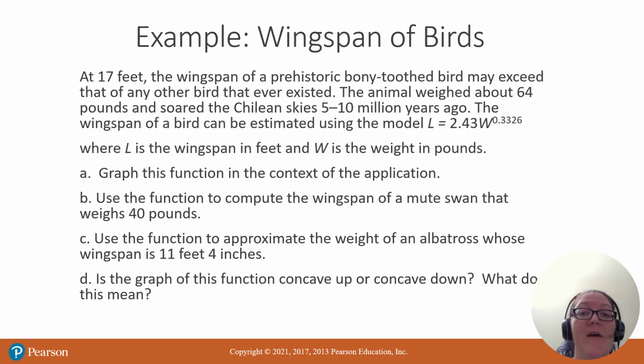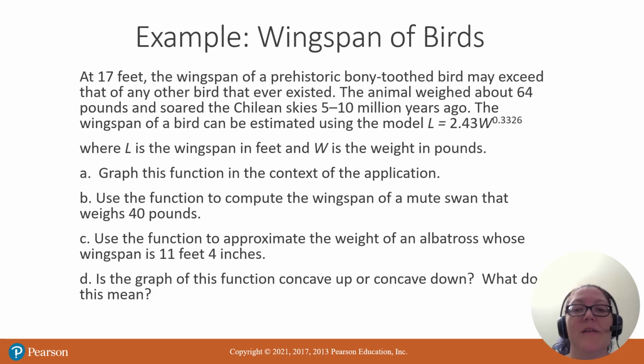The wingspan of the bird can be estimated by a model. The model is L equals 2.43 times W to the power of 0.3326, where L is the wingspan in feet and W is the weight in pounds.